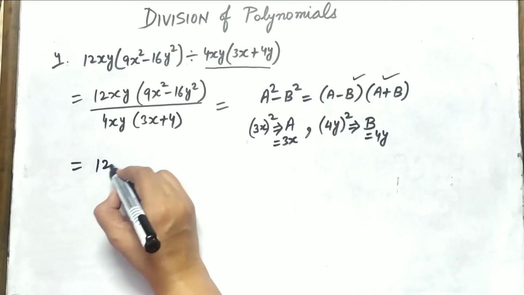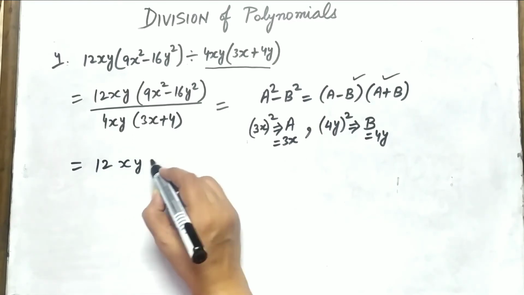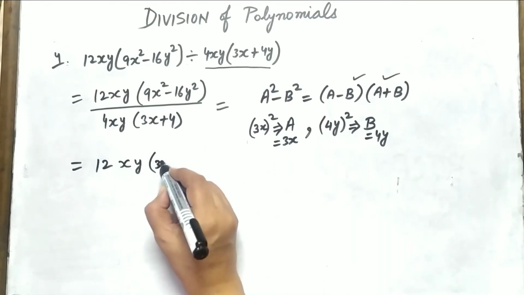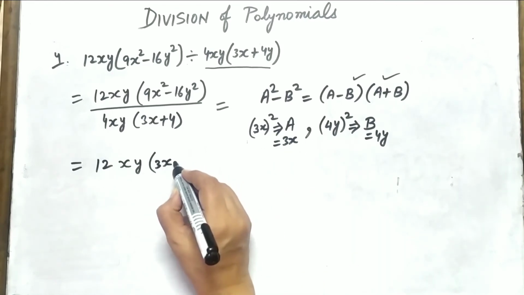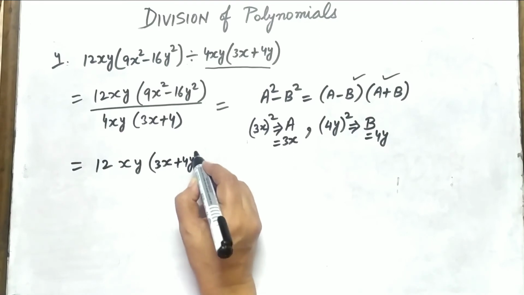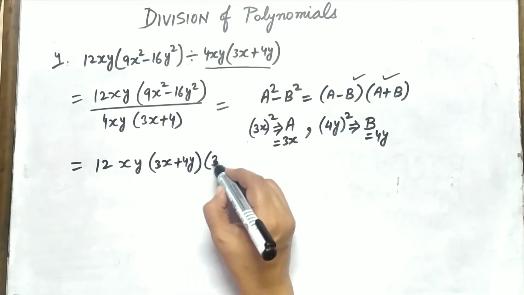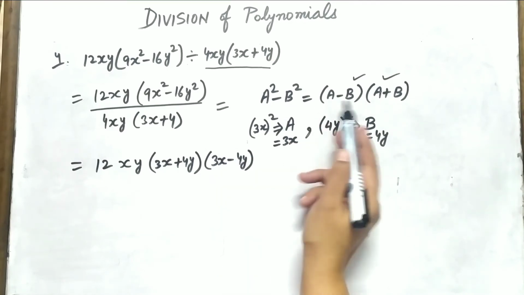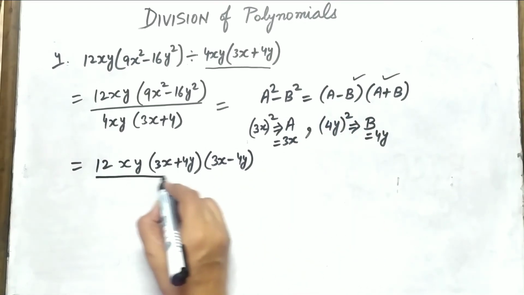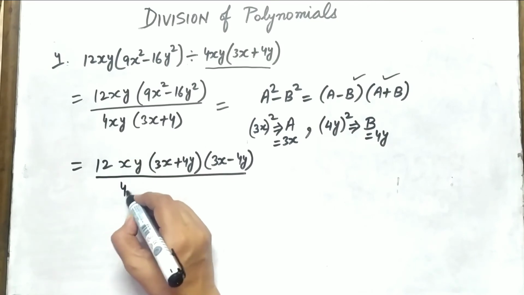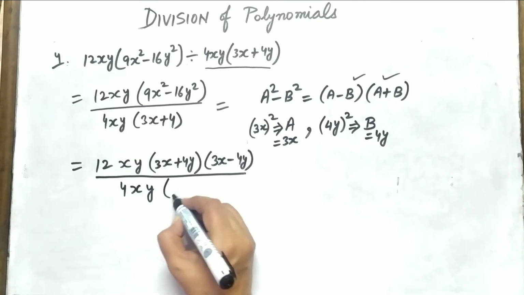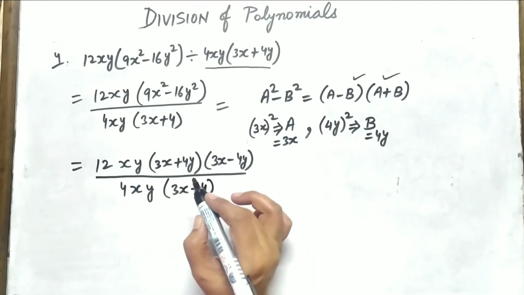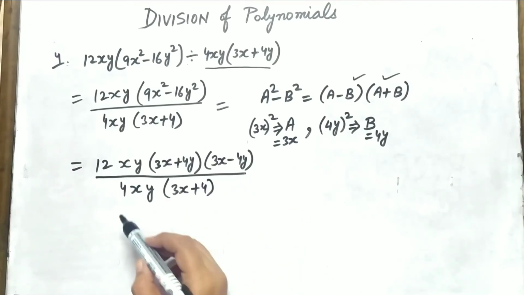We will write 12xy, a plus b, 3x plus 4y, into a minus b. This is according to our identity, divided by 4xy(3x plus 4y), denominator as it is.